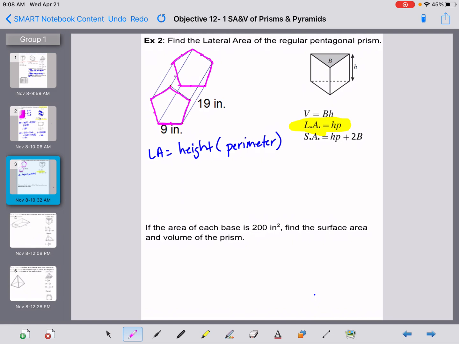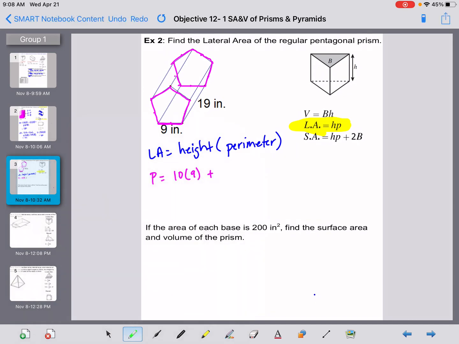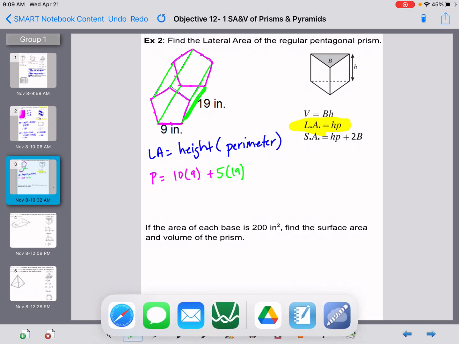I've got 10. So the perimeter is going to be 10 of those 9s plus, let's go with green. This is 19 inches. So how many of those do I have? 1, 2, 3, 4, 5. All right.